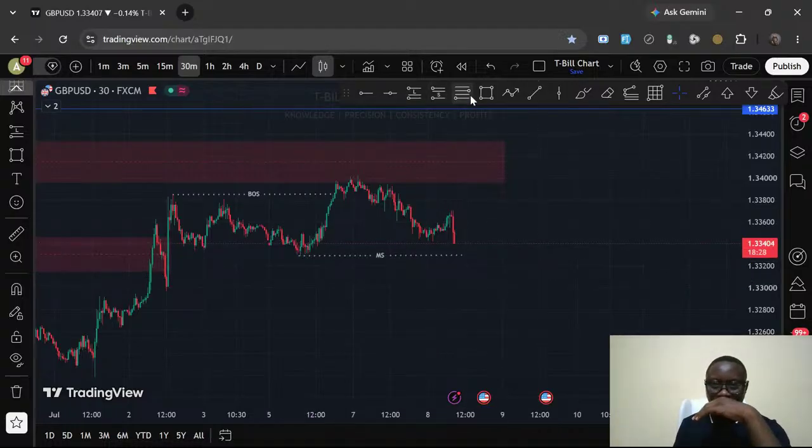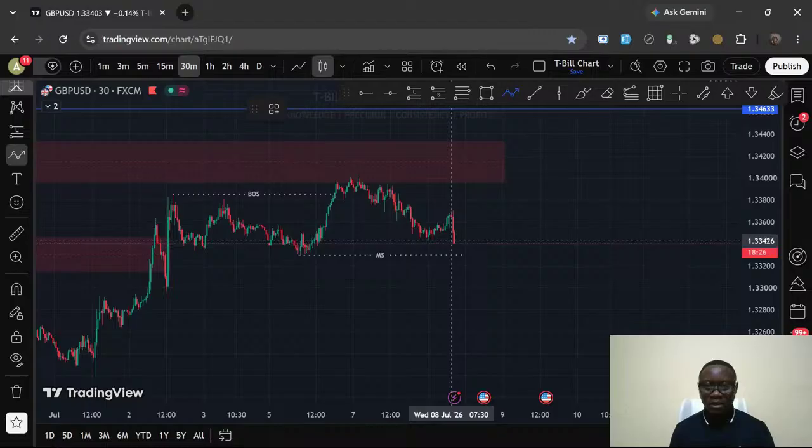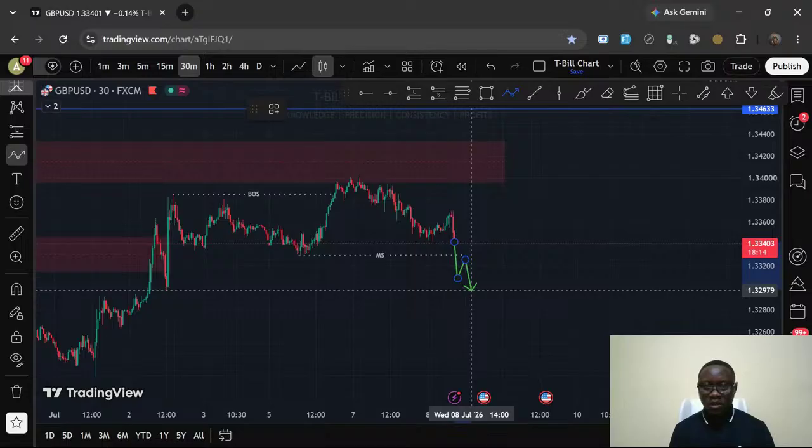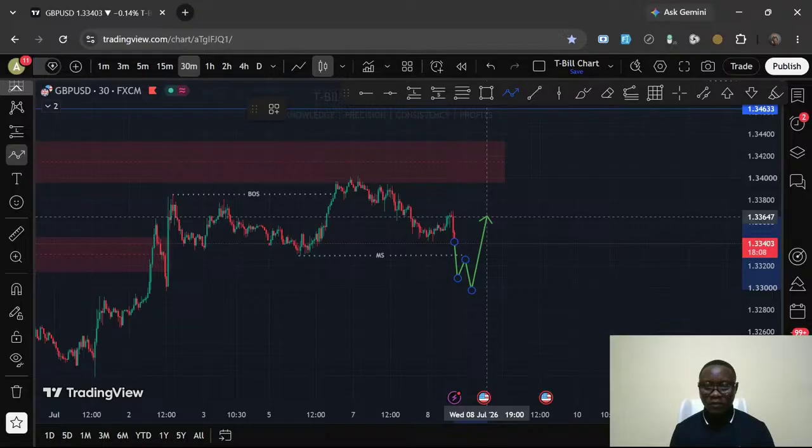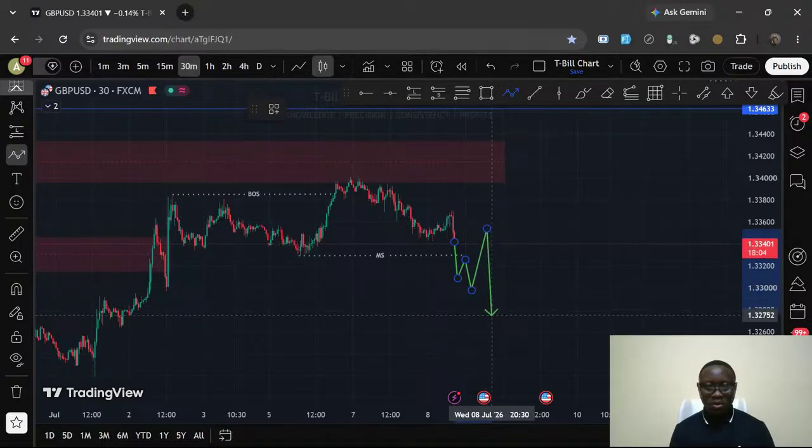So this is what I'm expecting, a market structure shift. And of course, probably an inducement, price tapping into any of this zone or even this other block zone right here, then I would consider a sell.